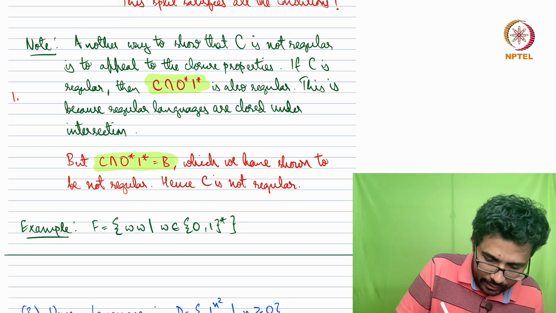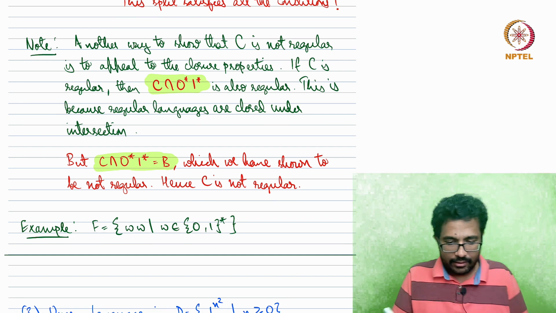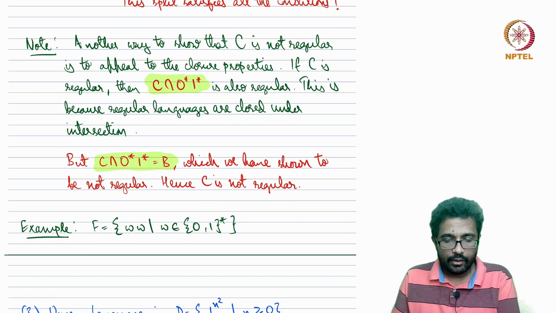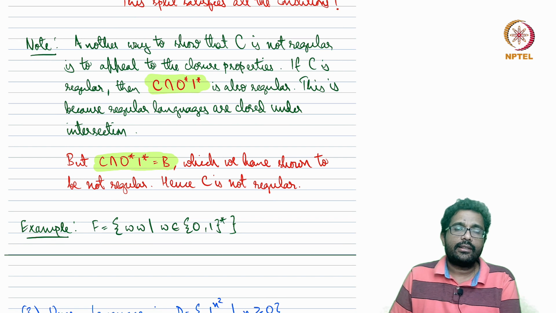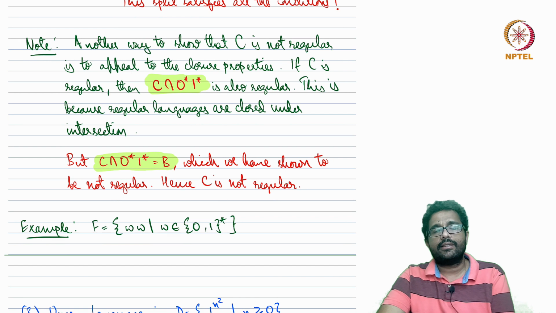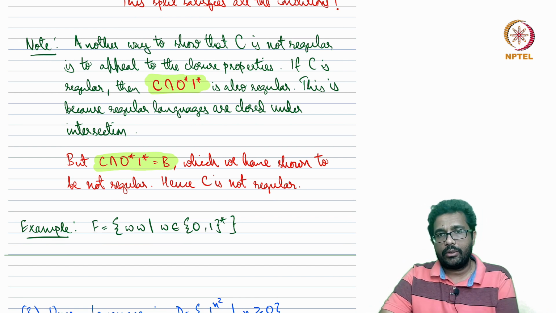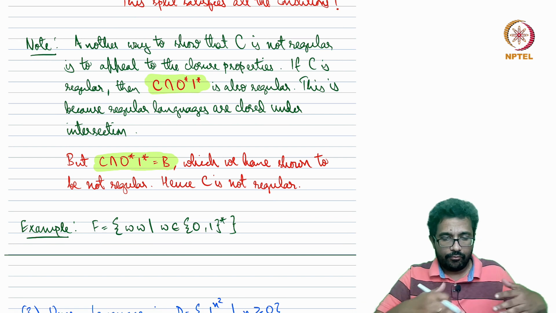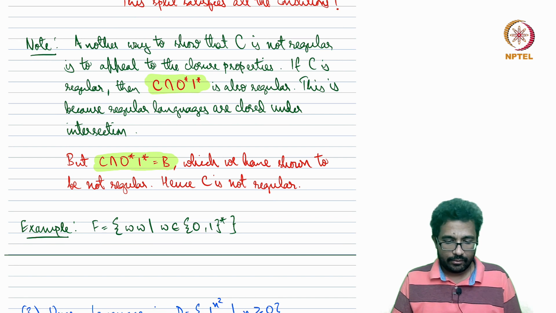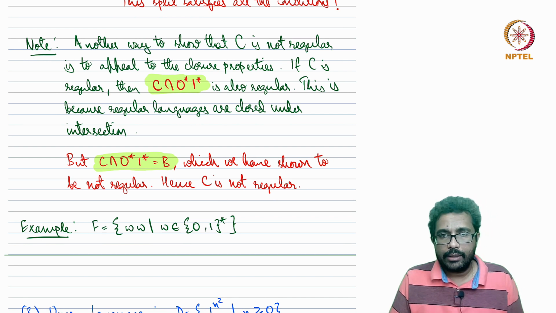Maybe I will not list them down because the space is a bit constrained. The first is that 0 star 1 star is regular, second is that regular languages are closed under intersection, and third is that B is not regular. So these 3 together imply that C is not regular, right, without directly applying the pumping lemma on C. Okay. So this is just one example that is there in the book as well, but you can try it out.